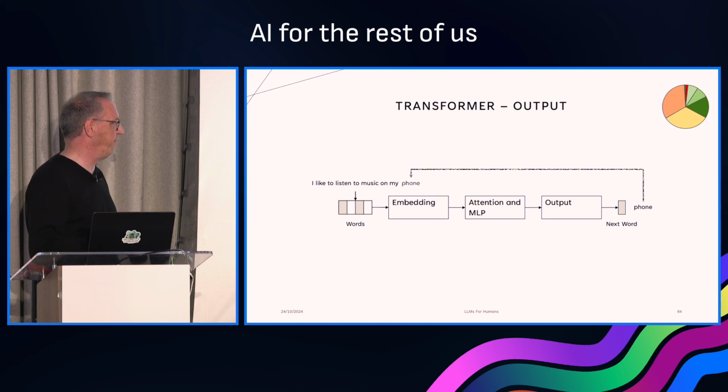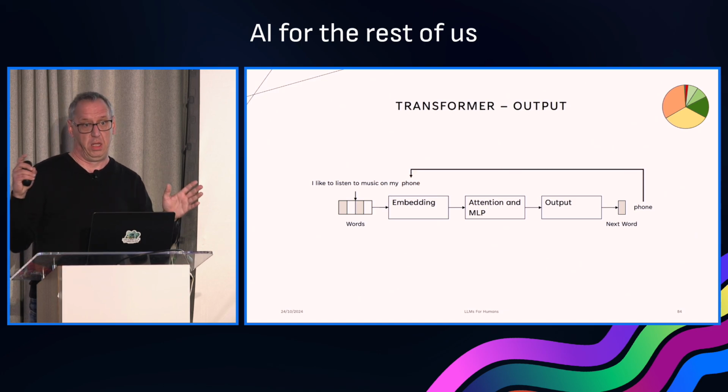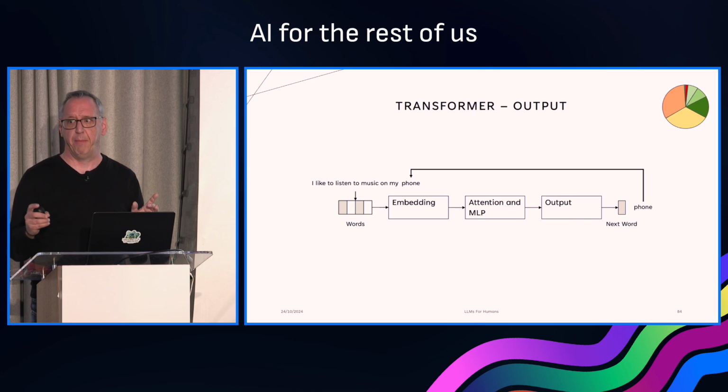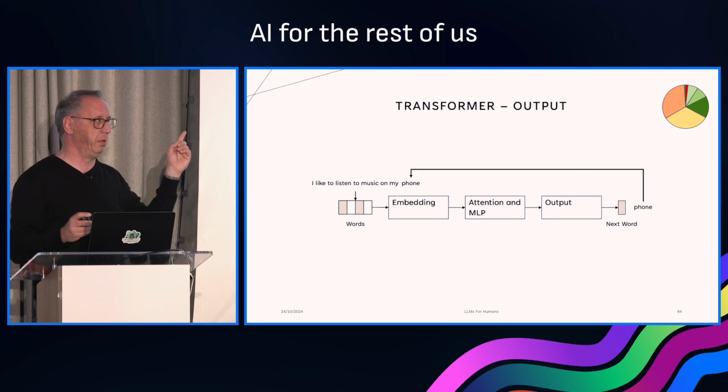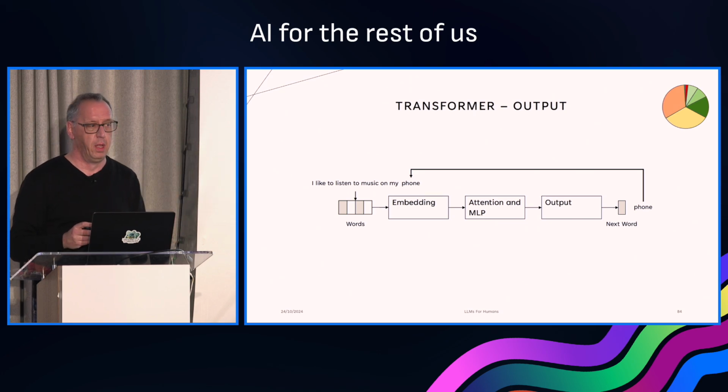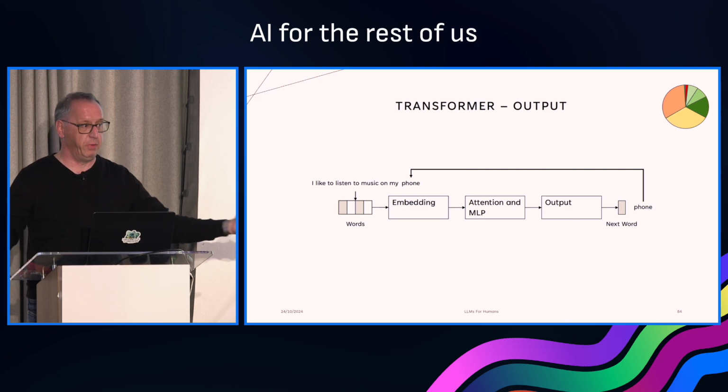And we come out with the word phone. All that for that. And then we do it again. So we put the word phone onto our sentence and we put the new sentence through. And we go again and again and again until we hit something called the end of sequence token, which basically tells the transformer to stop. And that's how we generate text in a large language model.